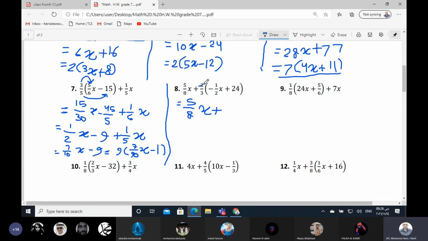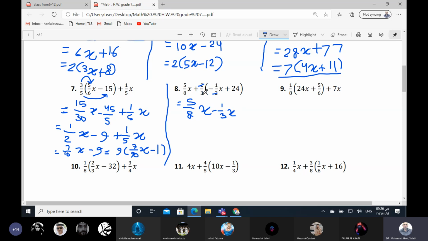Or I can cancel 2 up from 2 down. So up will be 1 and down will be 3. So right here minus 1 over 3 x.